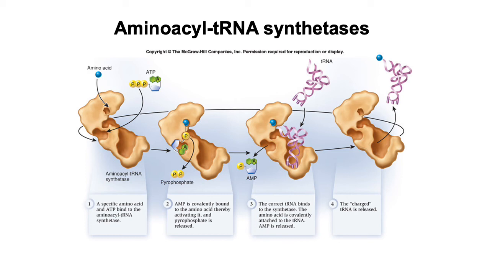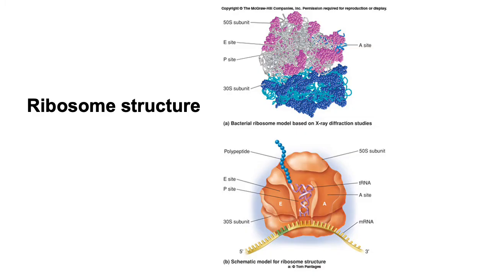And another really important part is where all of this takes place, which is the ribosome, which we've mentioned before. But let's look at the ribosome now in more detail. So here we have the structure of a ribosome. It's shown in a more molecular detailed picture at the top and a little more broadly at the bottom.